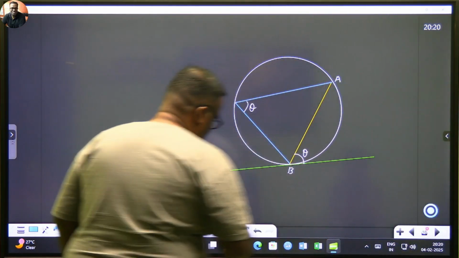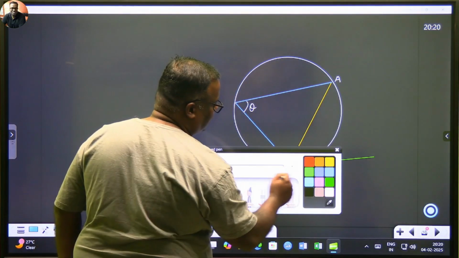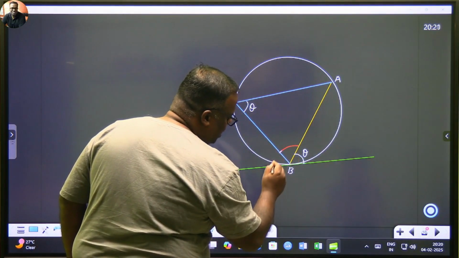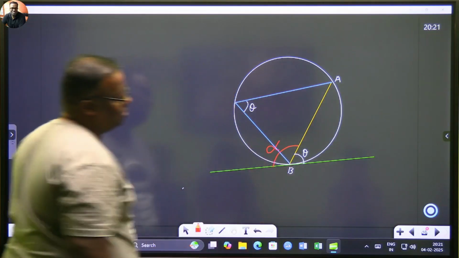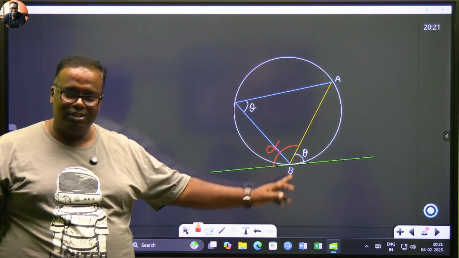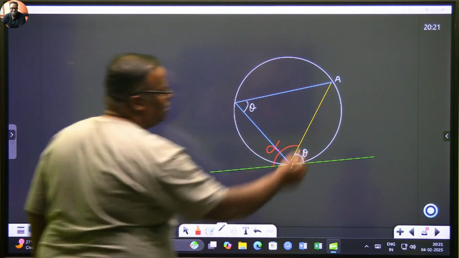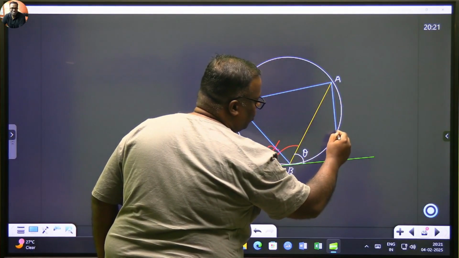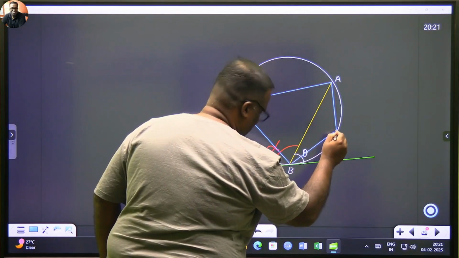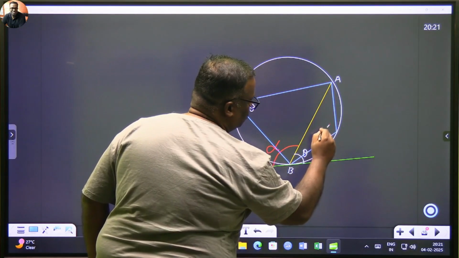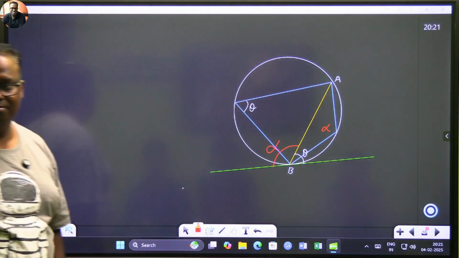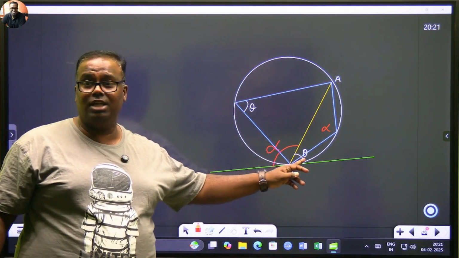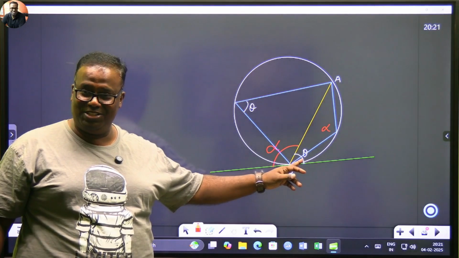And precisely, if we go like this, the angle made by a tangent with a chord is equal to the angle made by the chord in the alternate segment. Even this is true. Alpha plus theta is also a linear pair, which is 180 degrees.